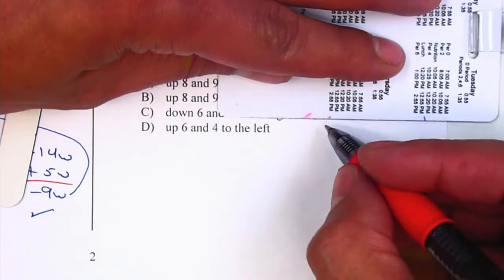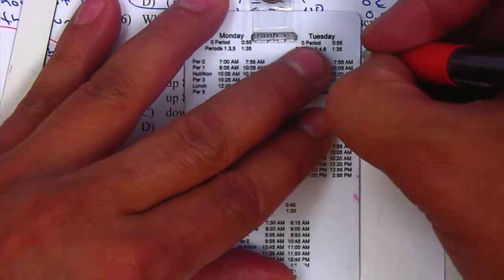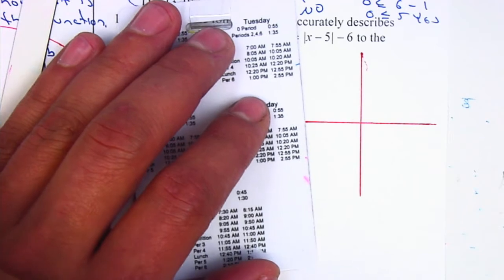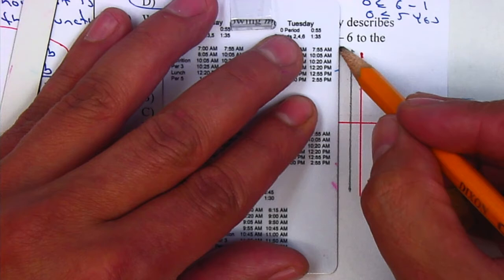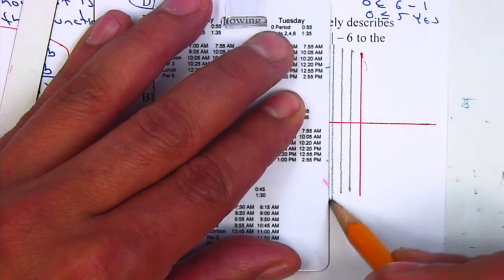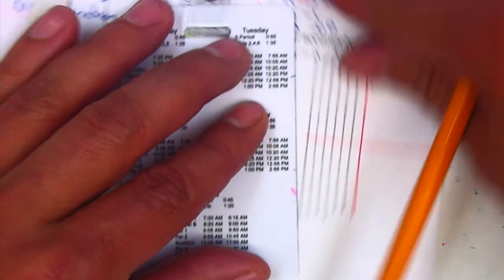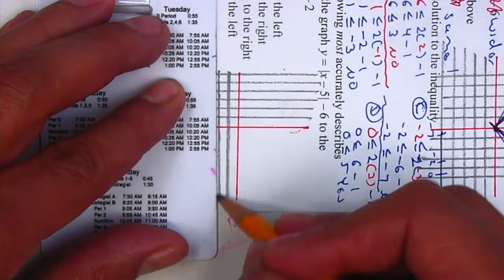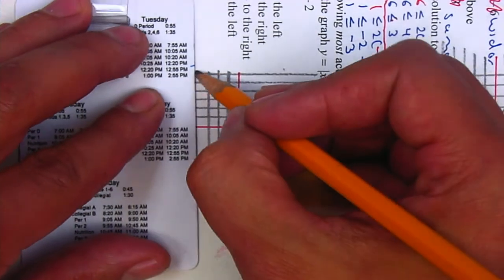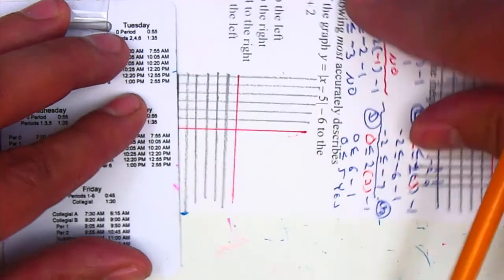Your x-axis, your y-axis, and then we're just going to do our coordinates. So 6, 1, 2, 3, 4, 5, 6. Go to your paper. 1, 2, 3, 4, 5, 6.